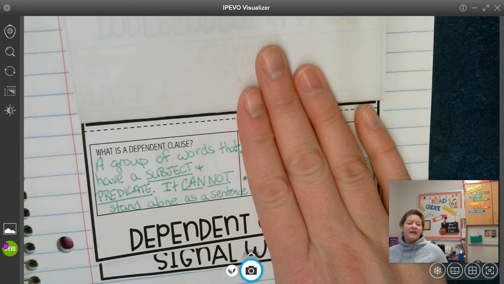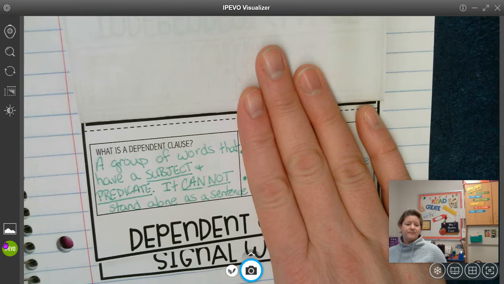They don't make sense. There's something missing in the sentence. You don't have enough information. They depend on more information. That's what makes them dependent. So go ahead and write the definition for dependent clause, and we'll look at some examples.